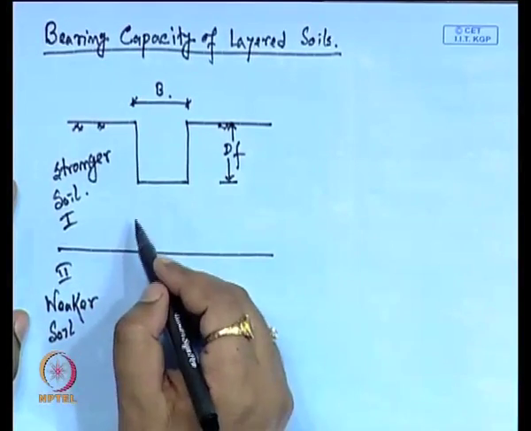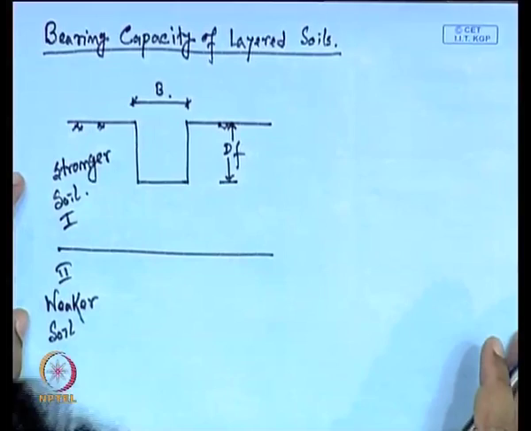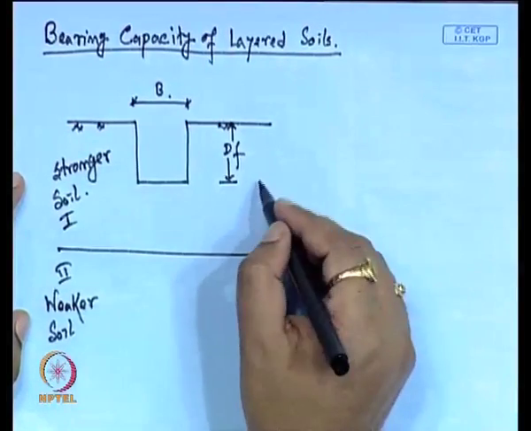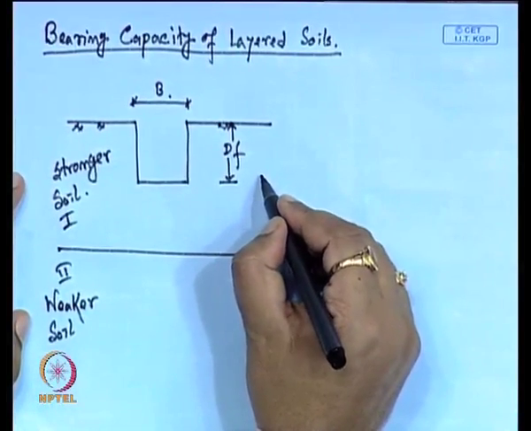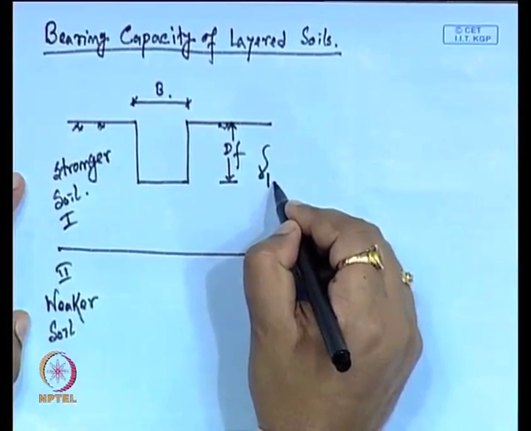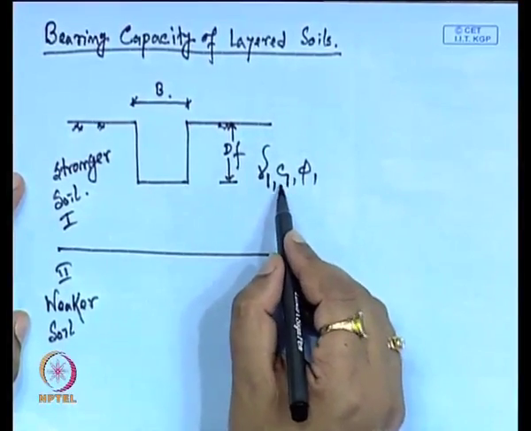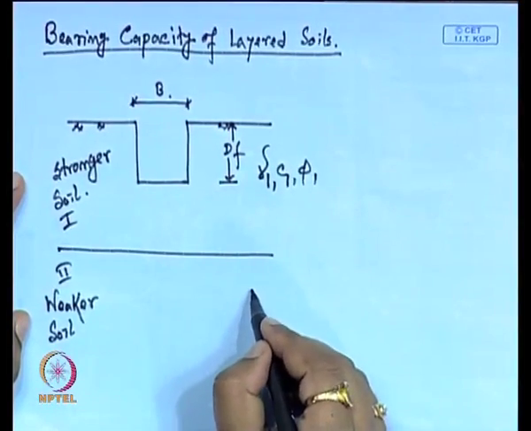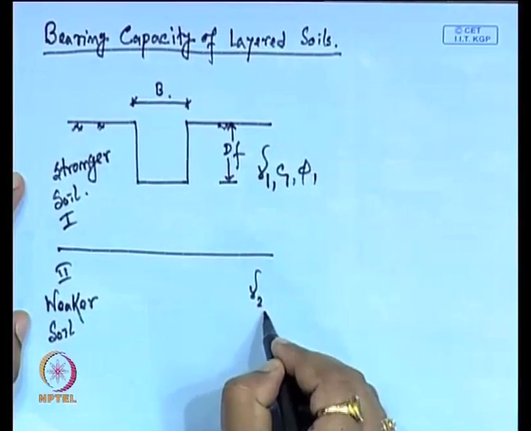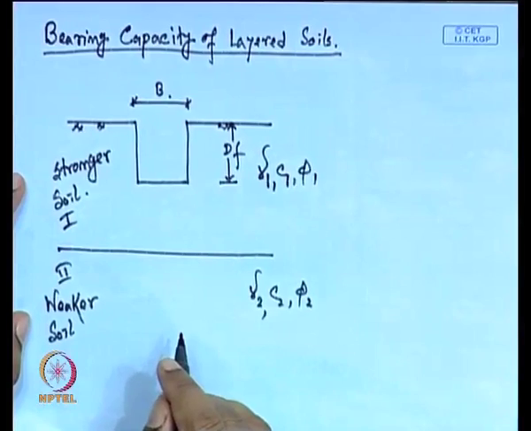So, this is the strongest soil and this is the weaker soil. Then how to calculate the bearing capacity of this soil condition? Suppose these are the properties: gamma 1, C 1 and phi 1 for layer 1, and gamma 2, C 2 and phi 2 for layer 2.